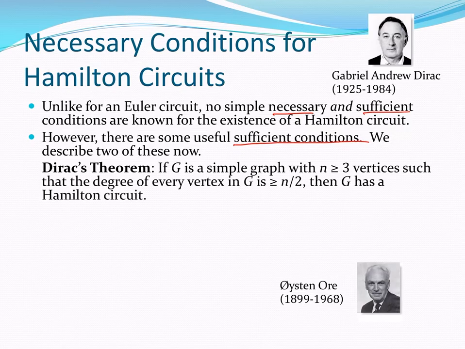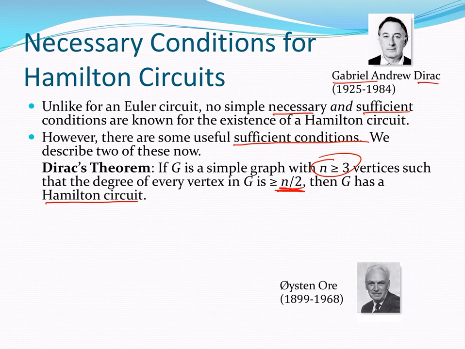This first one is due to Gabriel Dirac, and it says that if the degree of every vertex is greater than or equal to n over 2, with n greater than or equal to 3, then the graph will have a Hamilton circuit. So the more edges there are, you can build up to having the degrees be, in each case, greater than or equal to n over 2.